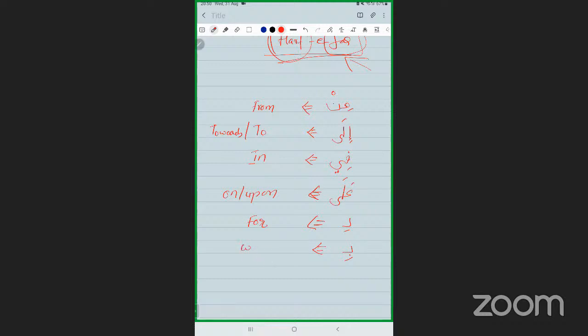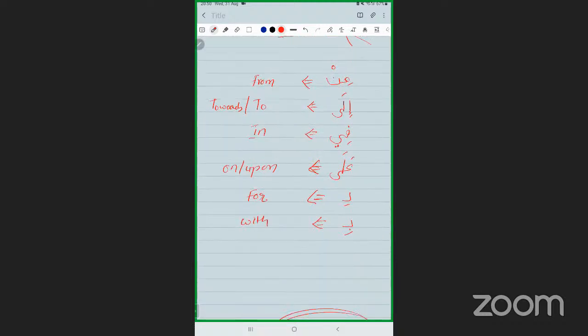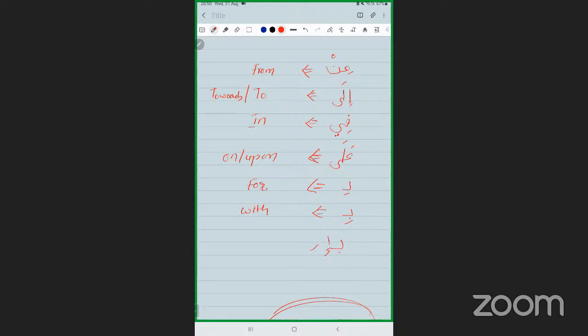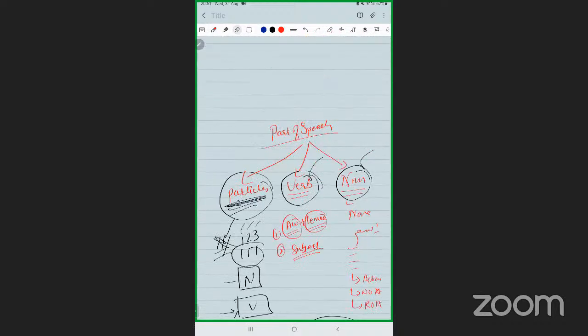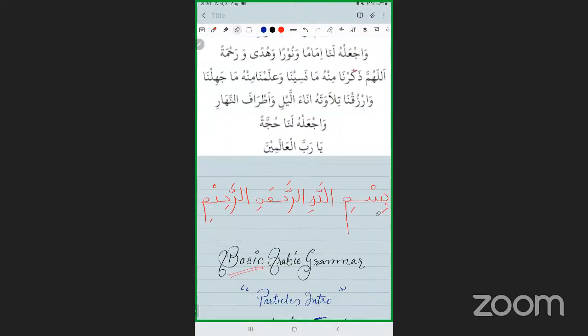The common meaning is with, and you are using it in bi ismi Allahi. Bismillahi actually is bi ismi Allahi. When you write Bismillah, alif is not written because it is not useful here. Otherwise it is bi ismi Allahi.